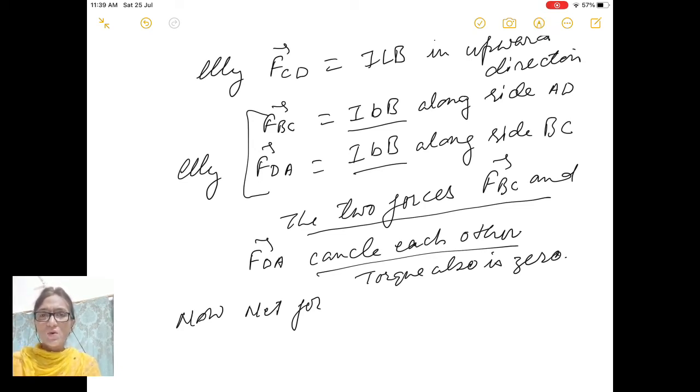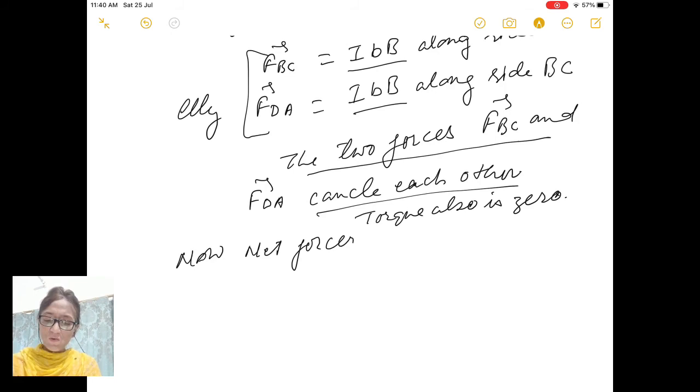You rotate a door along the horizontal direction, but the door cannot be rotated along the vertical direction. Along the vertical direction it is fixed on an axis. So torque cannot be applied along an axis where it is fixed.